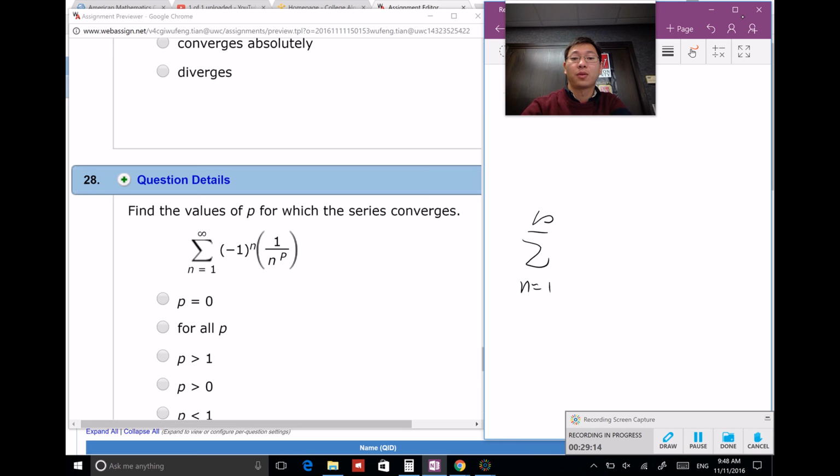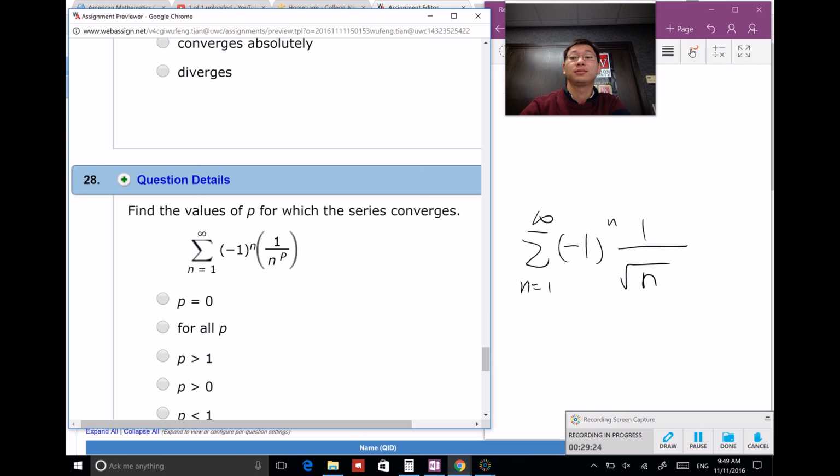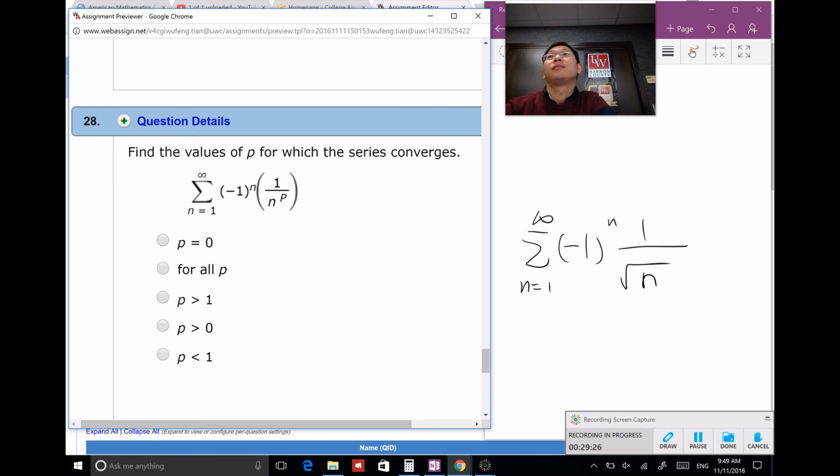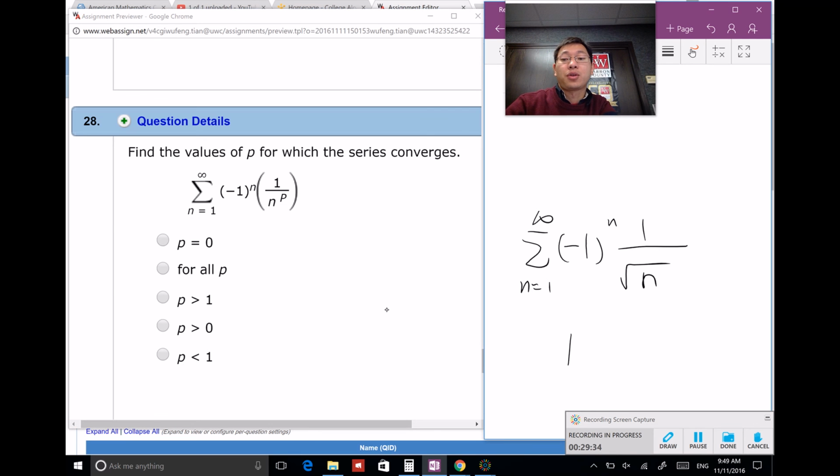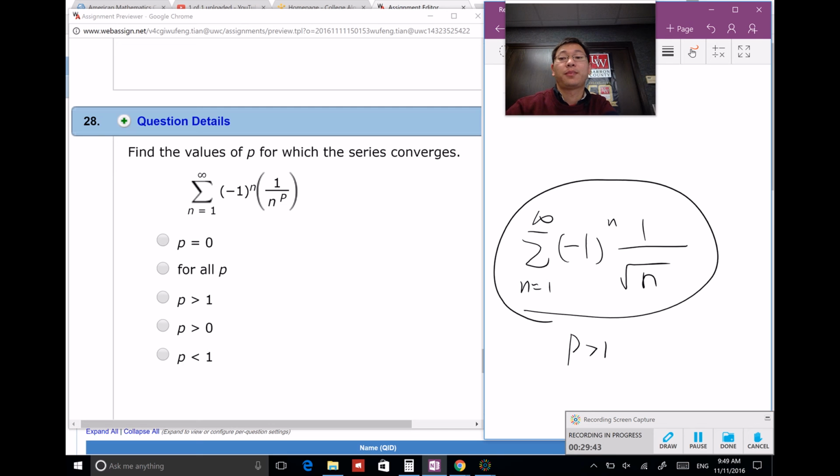The sum from n equals 0 of (-1)^n times 1 over square root of n. Does this one converge? For p bigger than 1, it converges for sure, since it's a p series. How about this one? Now this one is p equals half, right? Does this one converge?